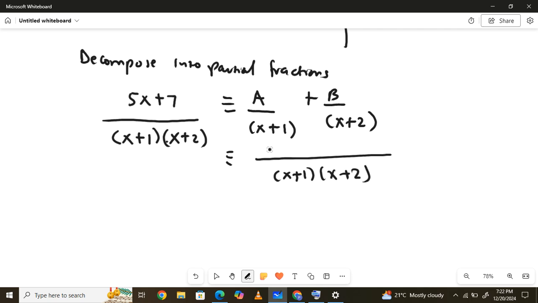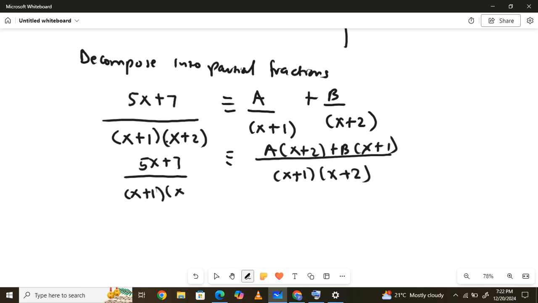We proceed to solve in the normal way. We will have A into (x plus 2) plus B into (x plus 1), which is equivalent to 5x plus 7 over (x plus 1)(x plus 2).